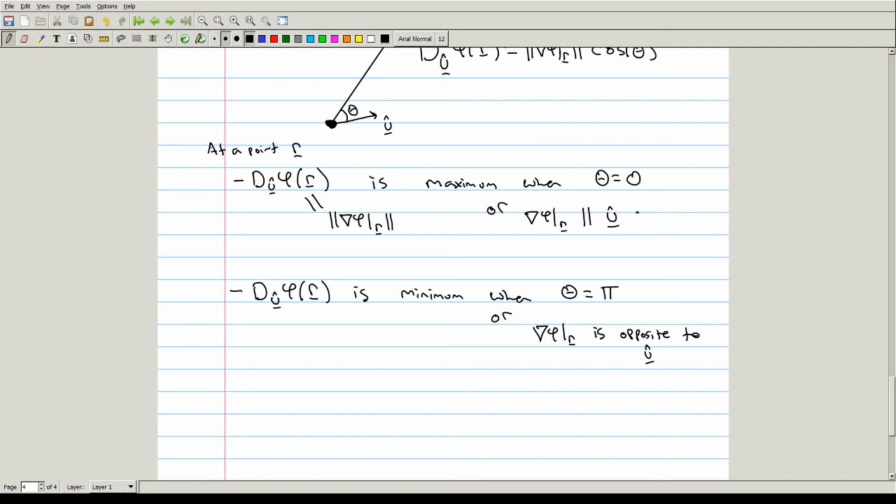This is parallel and same direction. And this should be opposite, or parallel and opposite direction. In which case, you have that the directional derivative is actually equal to negative the magnitude of the gradient vector at the point r.